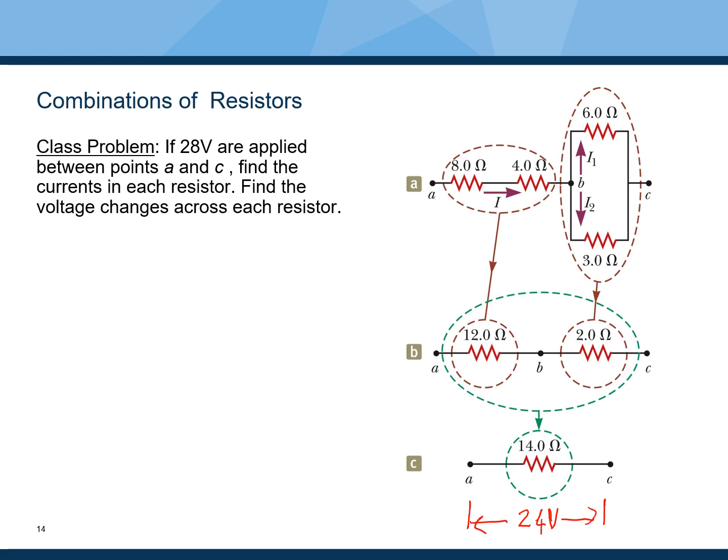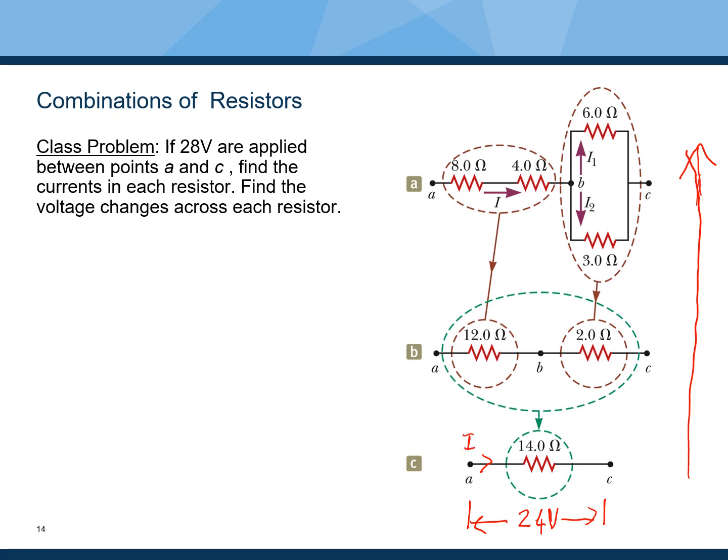So what we do when we want to solve this part of the problem is that we work backwards. Namely, we've gotten an equivalent resistance, we then move our way backwards back to the original figure that we had to deal with.